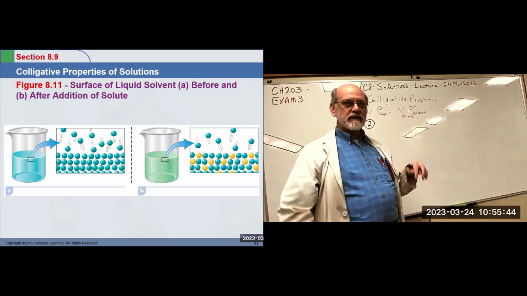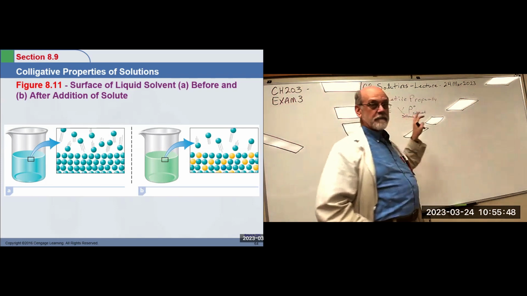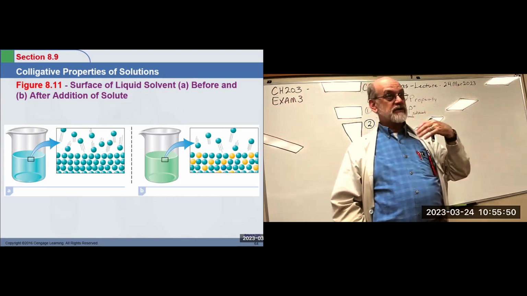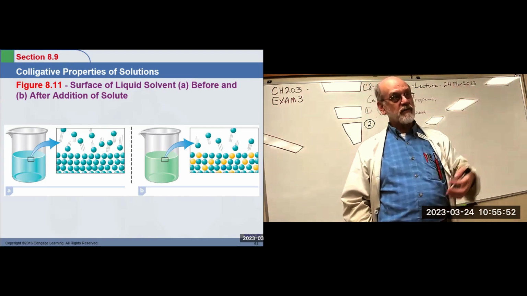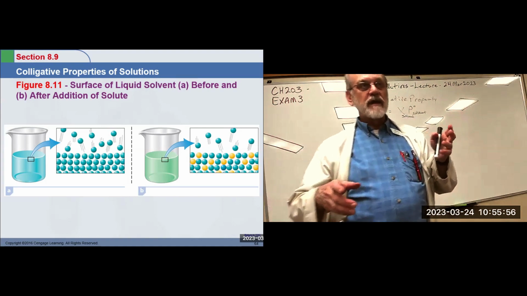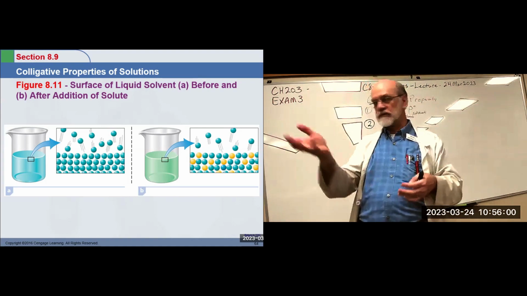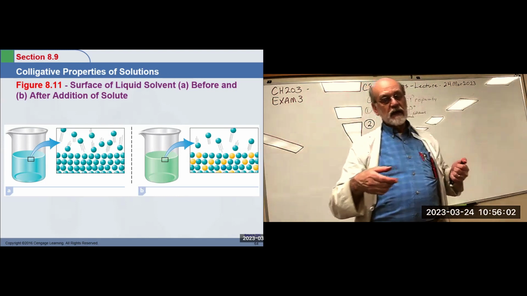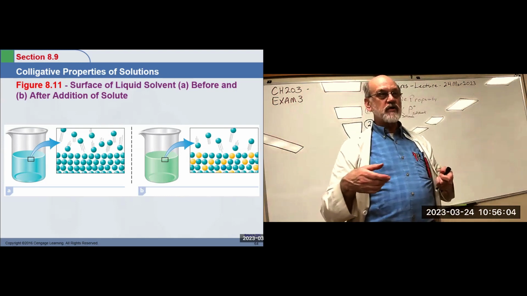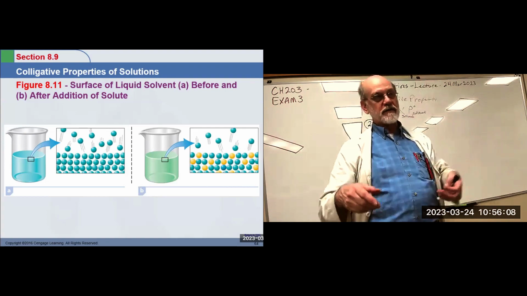Well, if you put a non-volatile solute in there, and it doesn't participate in this vaporization process, then what it does is two things. It occupies space at the surface, right? You got these yellow molecules in our example, and those are places where you can't fit solvent molecules to be vaporized.